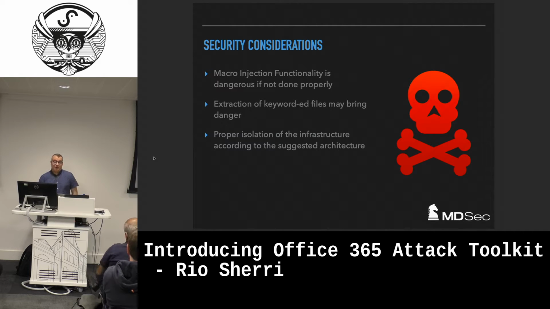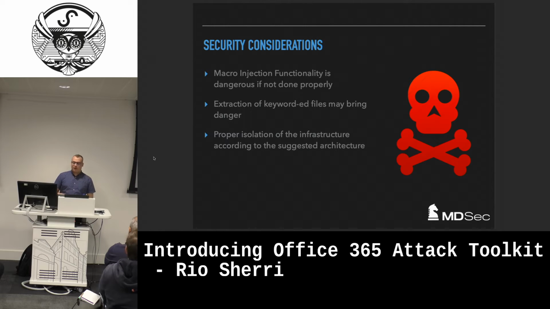So if you're running an old version of Windows and you're running the tool on your main box, then things can go really wrong, because if the file that you downloaded, which has been used by the user, actually contains a macro or some exploit code that targets the version of Office that you're running on your box, then things may go wrong.